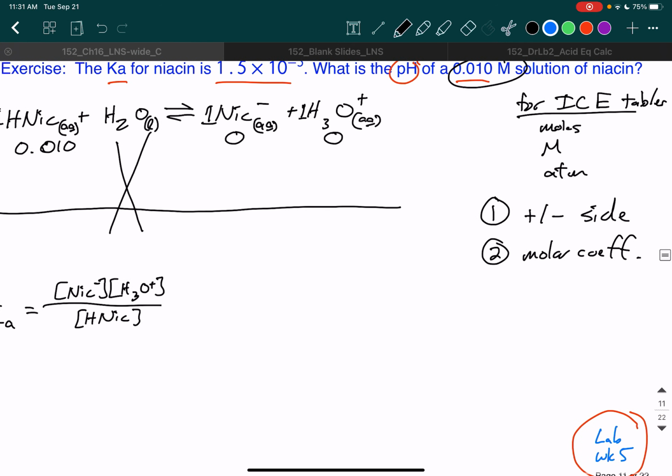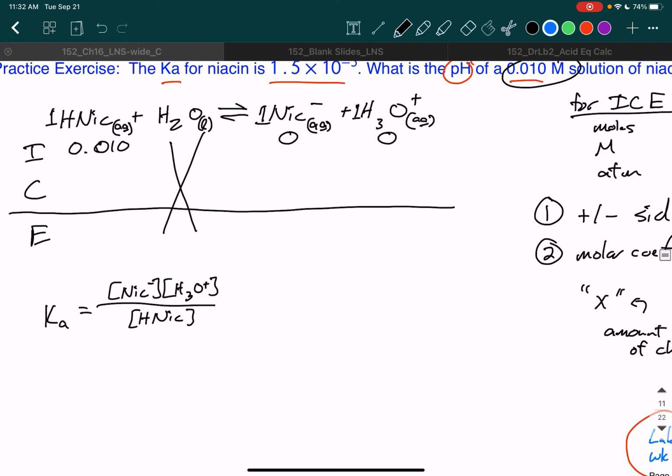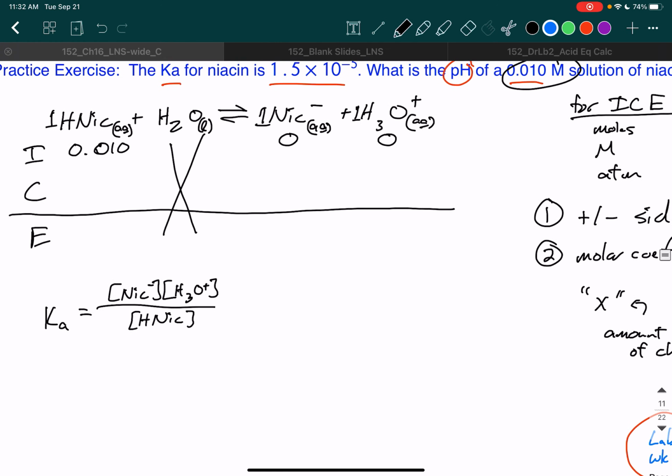And then we use this idea of X as the amount of change, if you will. We don't know what the change is. X is an unknown. So if I start with 0 niacin conjugate base, 0 hydronium, the equilibrium reaction will take place. Not much will form, but some will form.